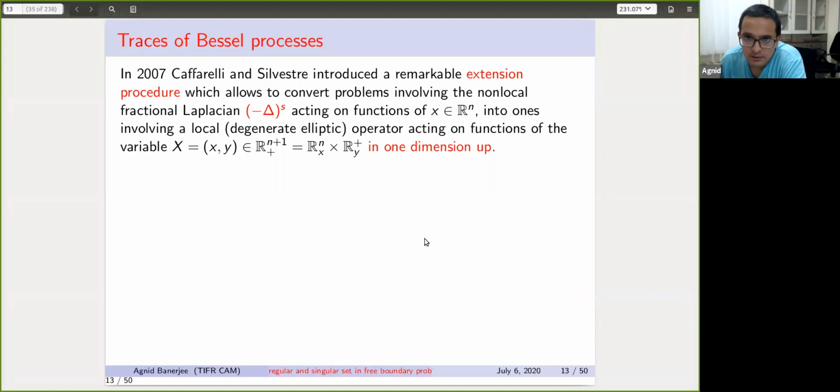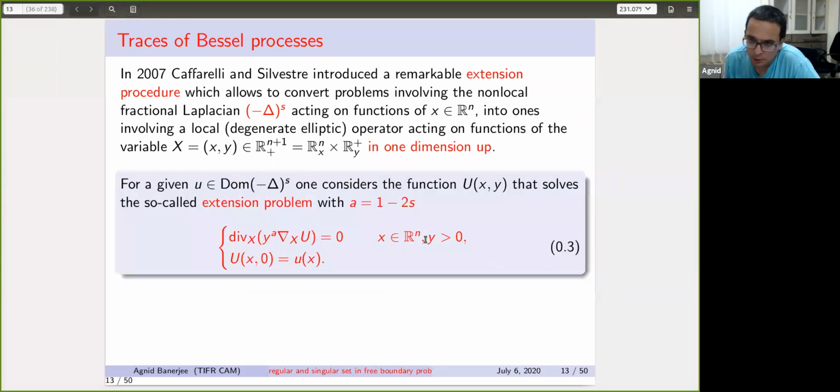In 2007, Caffarelli and Silvestre introduced a remarkable extension procedure which allows one to convert problems involving the fractional Laplacian into a local problem which involves a certain Dirichlet-to-Neumann map. I will briefly describe it. You take some u for which the fractional Laplacian makes sense, and then you solve the following boundary value problem.